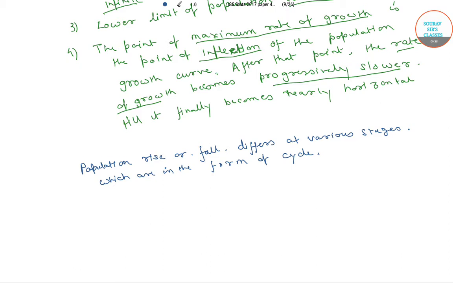Now the first stage is when the country is in a state of backwardness due to high birth rate and high death rate.